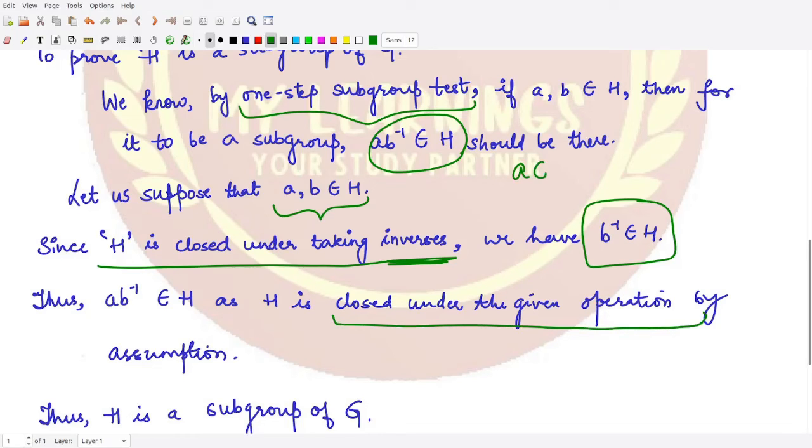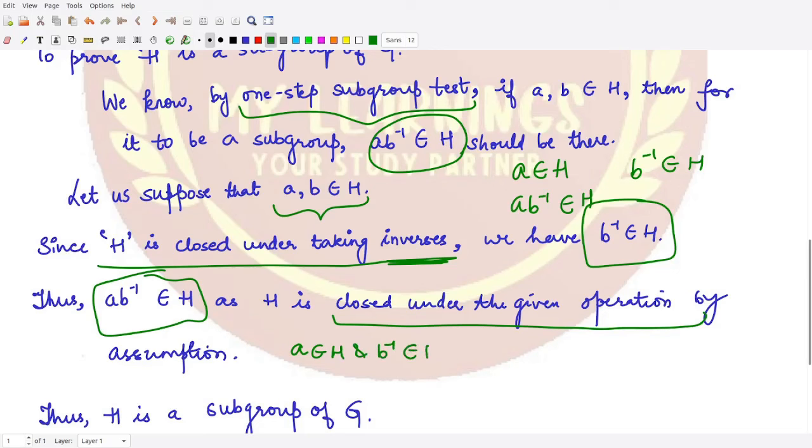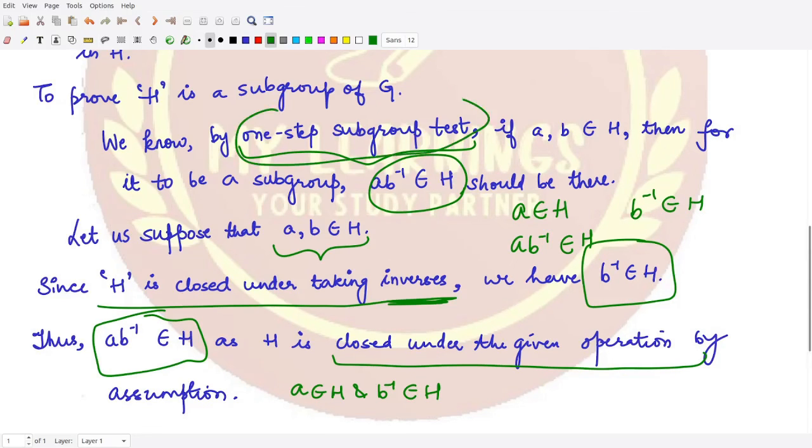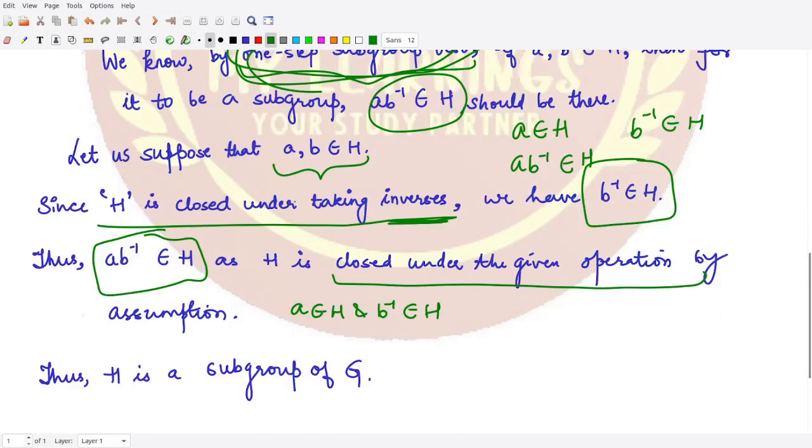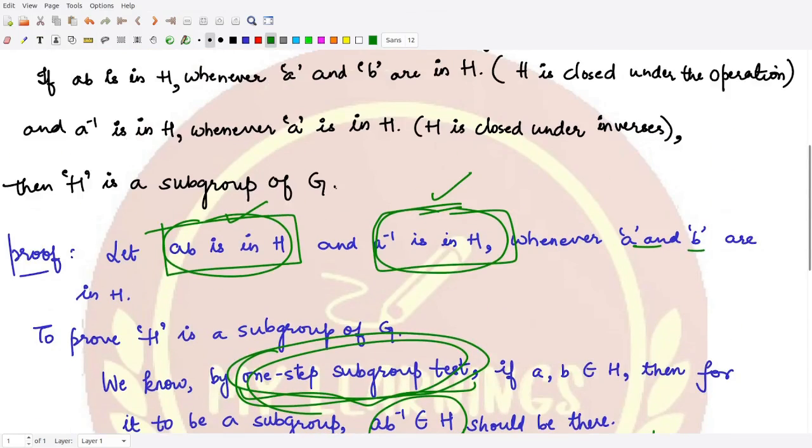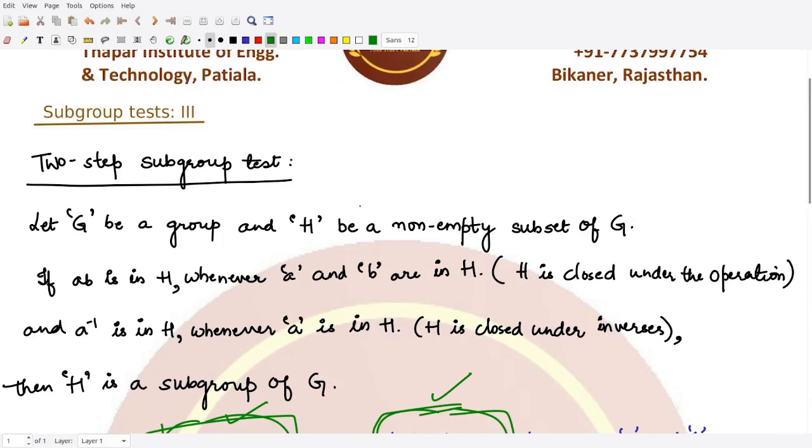So A is already present in H, B inverse is also in H, so their product AB inverse would also be there in H. So AB inverse belongs to H because both A belongs to H and B inverse belongs to H, and according to the closure property their product should also be in H. Now if AB inverse belongs to H, then according to the one-step subgroup test H is a subgroup of G, and this is what we wanted to prove for this particular test.